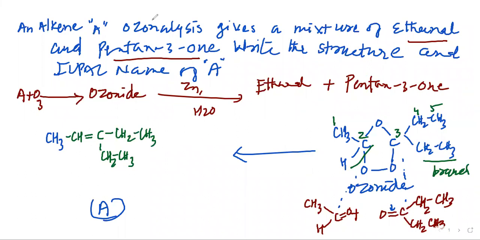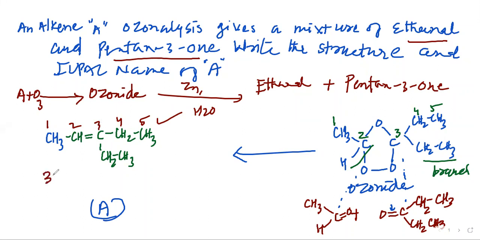Now what could be the name of this compound? We can easily identify that 1, 2, 3, 4 and 5. We do not do numbering from this side because the double bond carbon should get the least number, and that is what is possible by numbering in this manner. So it is pentene, 2-pentene, which has an ethyl group on the third carbon.